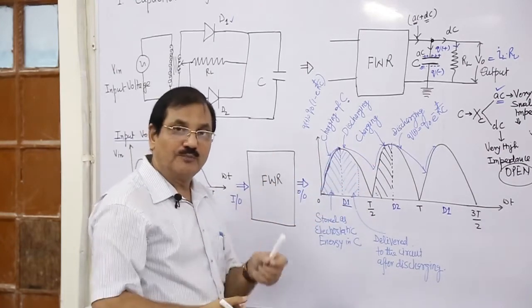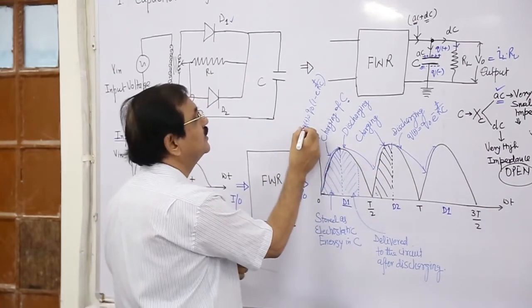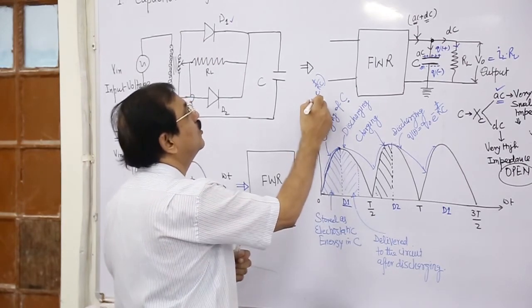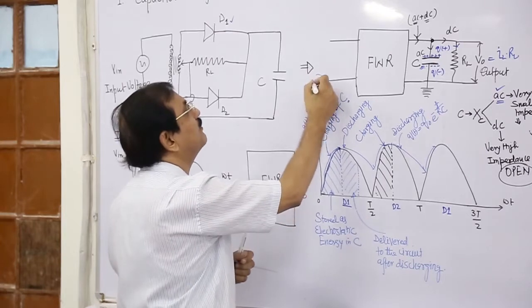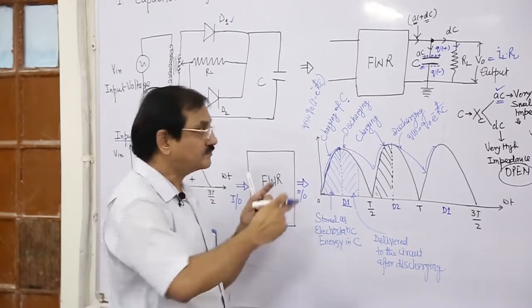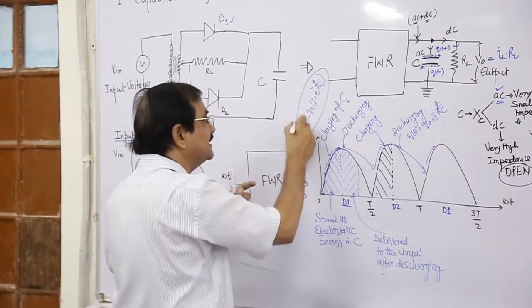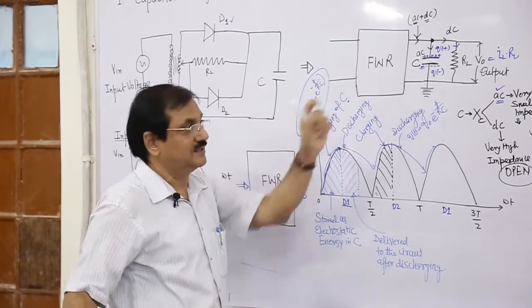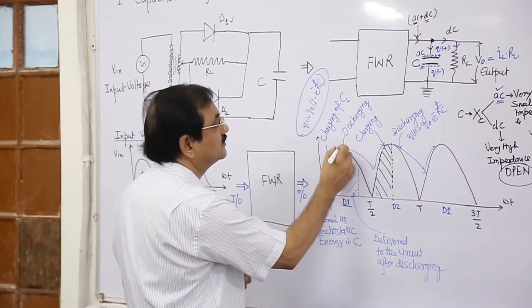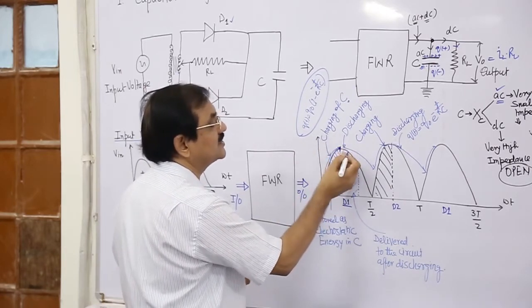And the formula of this charging is Q of t equal to Q0 times (1 minus e raised to the power minus t upon RC). So, this part is the formulation of charging, and up to this point, at the peak point, there is charging.